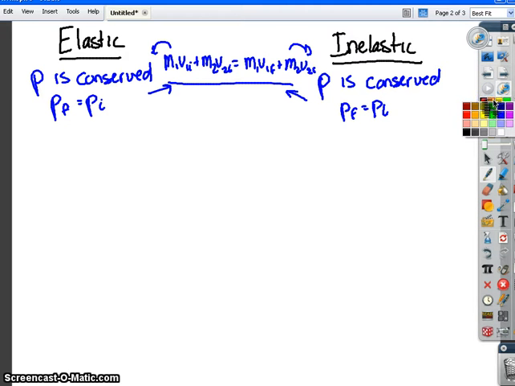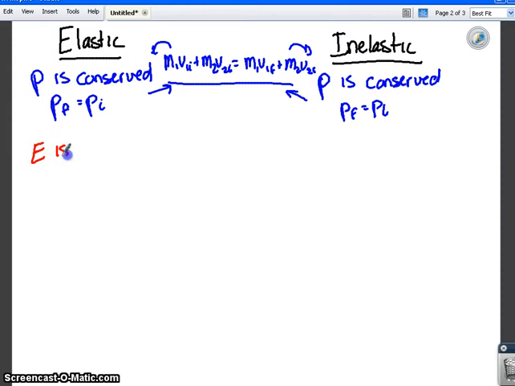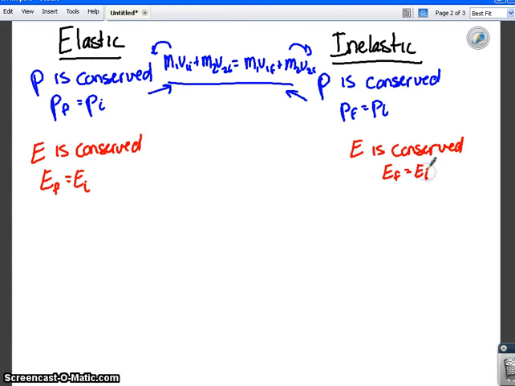Now, let's talk about energy. In an elastic collision, energy is conserved, meaning the final energy equals the initial energy. In an inelastic collision, energy is conserved, meaning the final energy equals the initial energy.